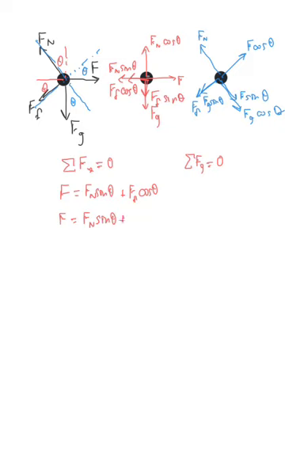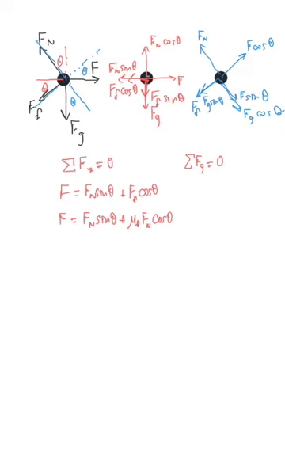But we do have an equation for the kinetic frictional force, which is mu k Fn and then times the cosine of theta. So all I did right now is I just replaced this frictional force with the equation for the frictional force right there. And that's as far as we can go on that side for now.